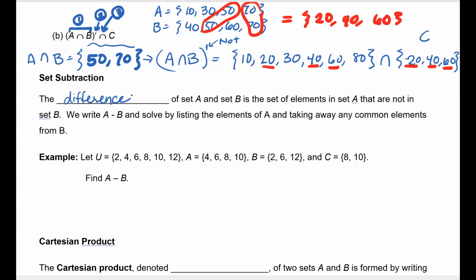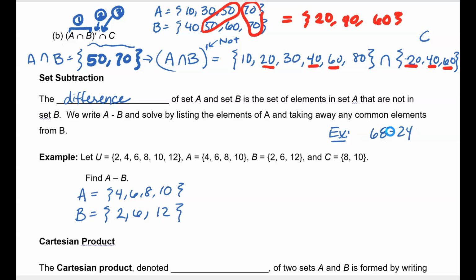So when you subtract A and B, what I would advise is to write the sets out. So write out A and then write out B below, just like if you were subtracting in a math class. So if I say, for example, subtract 68 minus 24, a lot of times, especially when you're learning this in elementary school, you write 68 minus 24 vertically and you line them up.